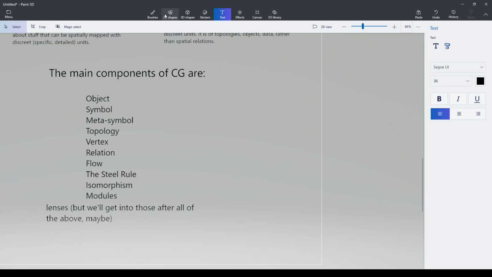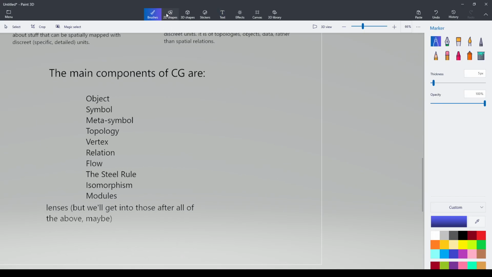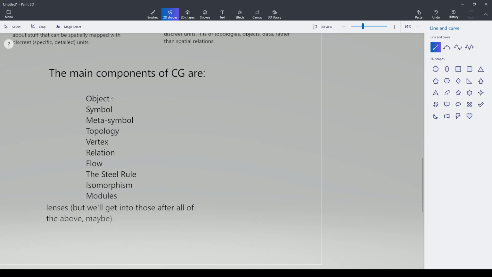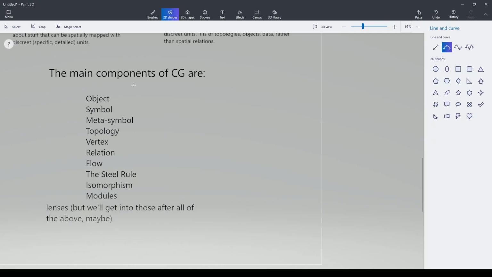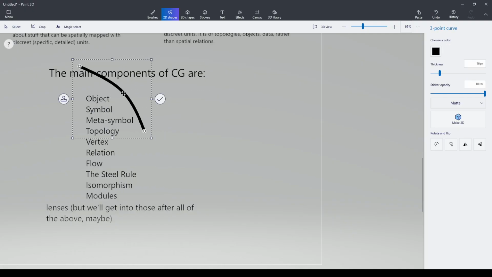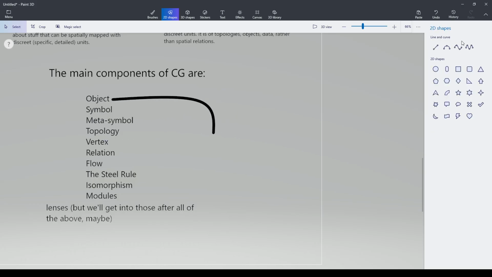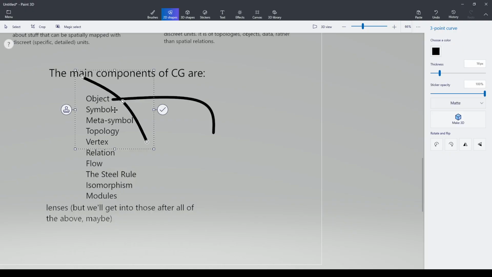Now, the thing is that all of these are related. And I mean, obviously, right?